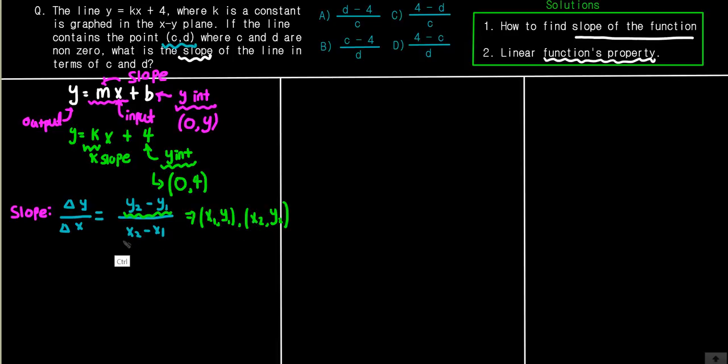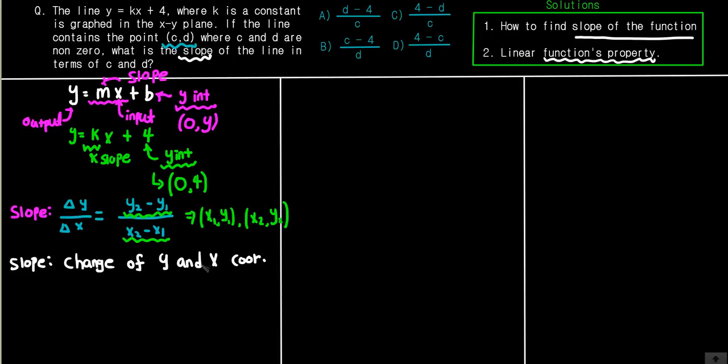The reason we do this is that for the slope, we want to see how steep a function is, which means we want to see the change in the y and x coordinates.